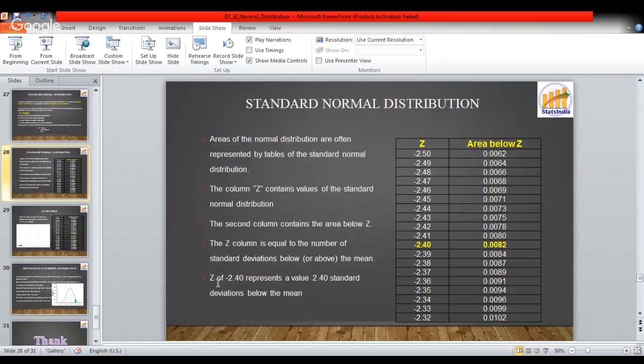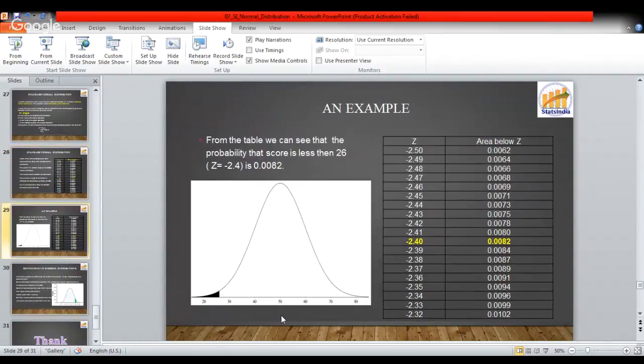Here we find z equal to minus 2.40, which represents a value 2.40 standard deviations below the mean, on the left hand side of the mean. Because when we convert the distribution into standard normal distribution, this value 50 becomes 0.